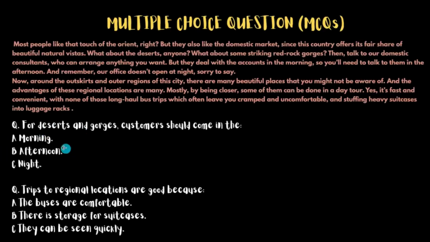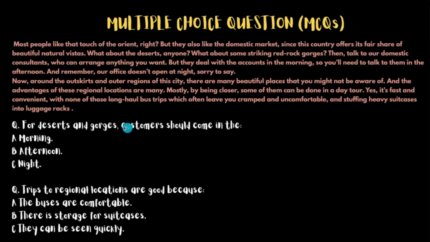For example, if you read the first question, it says, for deserts and gorges, customers should come in the morning, afternoon, or night. If you read here, you will see: what about some striking red rock gorges? Then talk to our domestic consultants who can arrange anything you want, but they deal with the accounts in the morning.